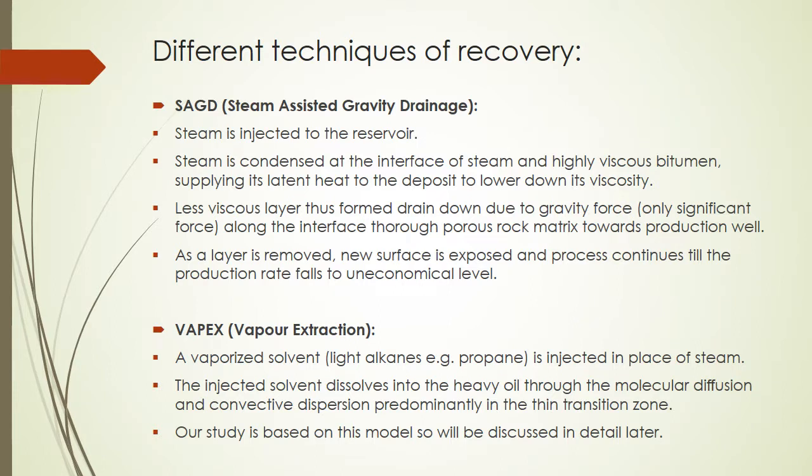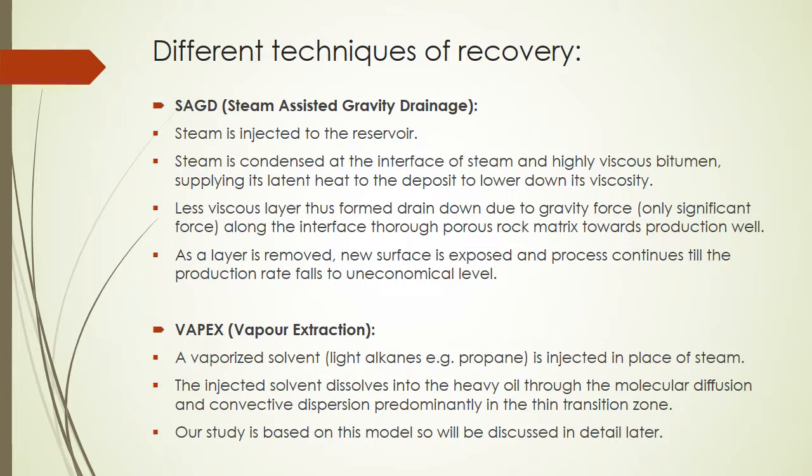Different techniques of recovery are mentioned here, three techniques. First is SAGD, steam assisted gravity drainage, in which we inject steam through a well into the reservoir, and as the steam comes in contact with the heavy oil, it condenses at the surface and supplies its latent heat to the deposit, which lowers its viscosity, and the heat transfer mechanism occurs there.